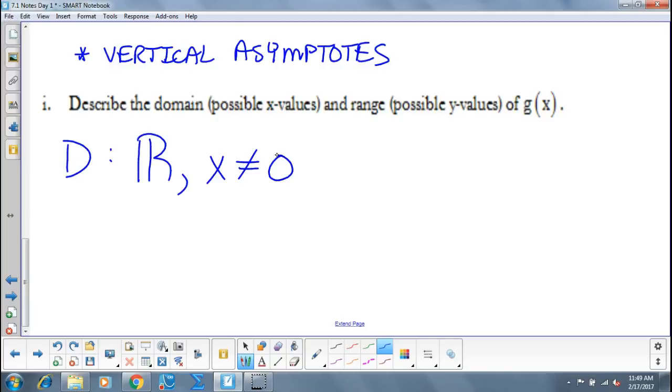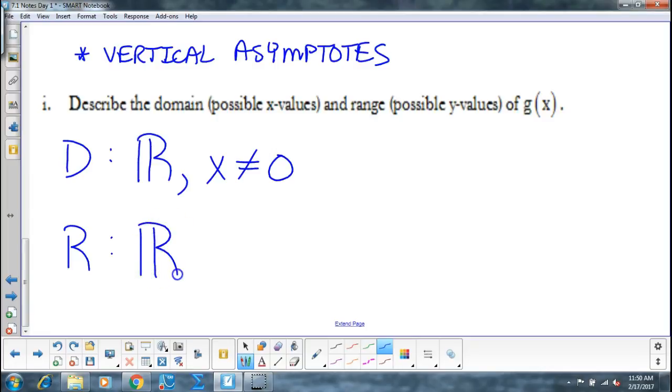Okay? Range then is y values, so you get that off of the graph. Looking at my graph, it's all real numbers with the exception of what's the only value that function will not get to? 0. It will not get to y equals 0.